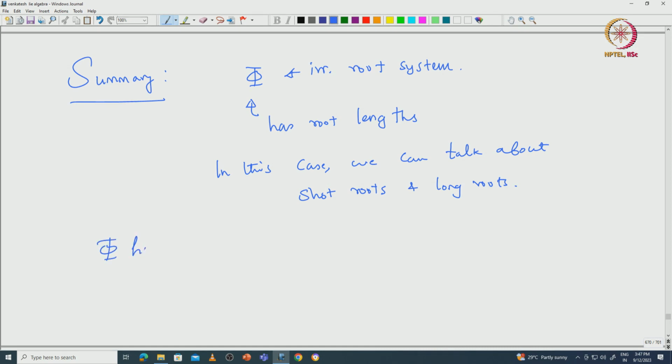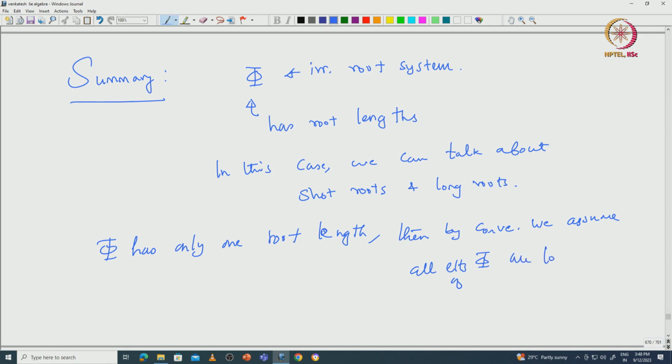If we have only one root length, then by convention we just say all the elements of phi are long roots, all elements of phi are long. Okay. So, this is the convention that we always use.